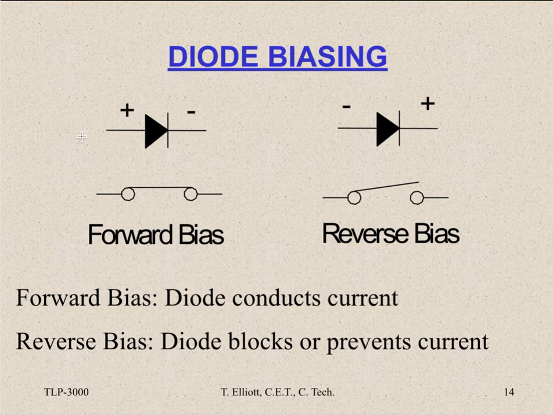When a diode is forward biased, the voltage on the anode is positive with respect to the cathode, and a forward biased diode acts like a closed switch. This is not true, but it's approximately true, and I have that covered in detail in another video. In reverse bias, it looks like an open switch, where the anode is negative with regard to the cathode.